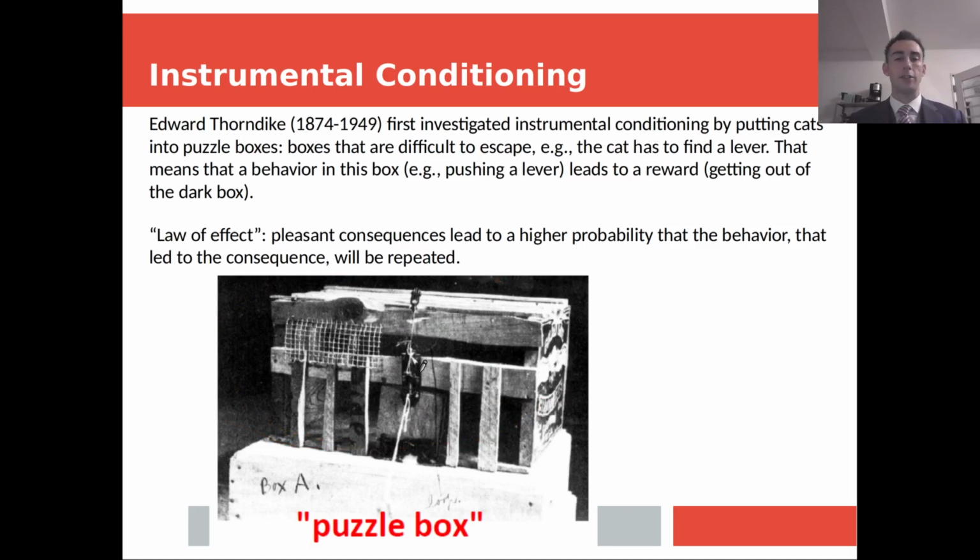The cat initially would make some random movements, but eventually it would, for example, push the lever by accident, and that would allow him to get out of the box, which for a cat is rewarding because he doesn't want to be in the box. Thorndike called this the law of effect, where pleasant consequences lead to a higher probability of the behavior being repeated.